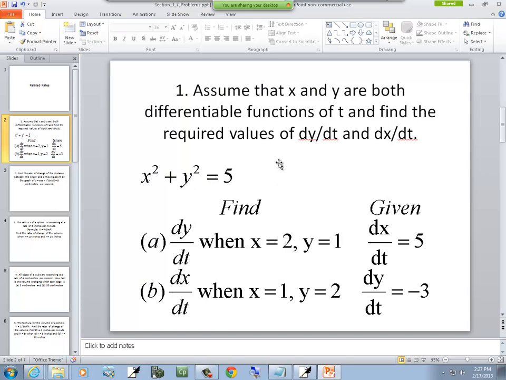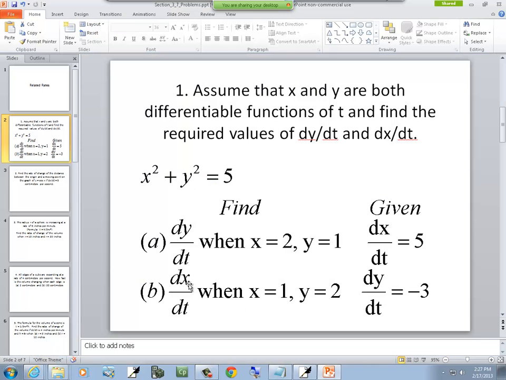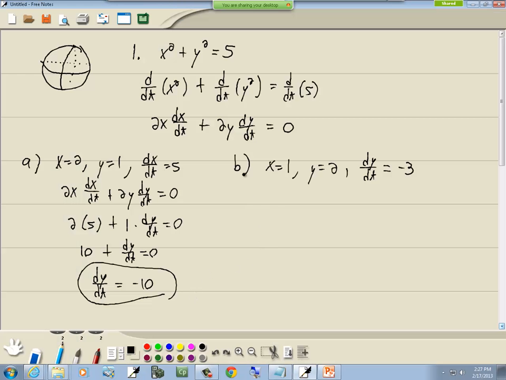Now for B, they say x is equal to 1, y is equal to 2, and dy/dt is equal to negative 3. And they want us to find dx/dt on this one. I'm going to go back up to my equation up here. I'll drop the 2's though. So plug 1 in for x. We're trying to find dx/dt, so I'll leave it alone.